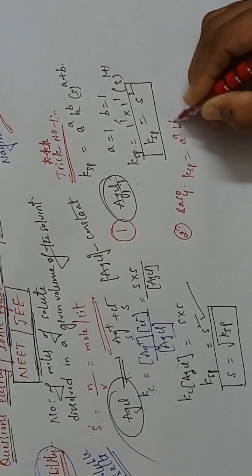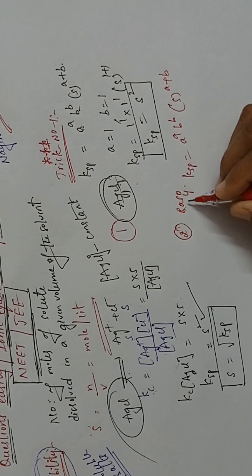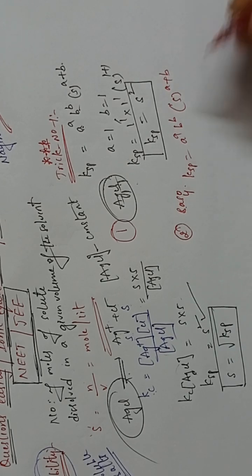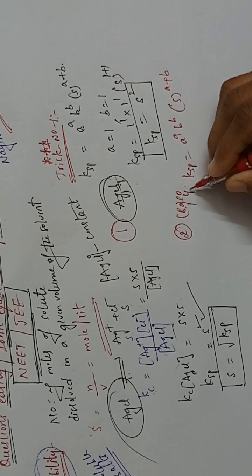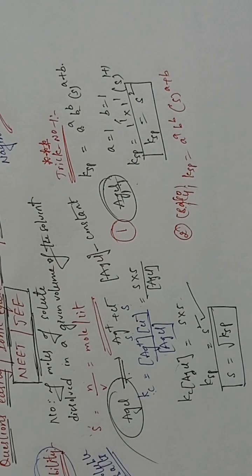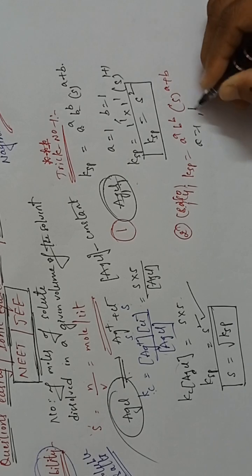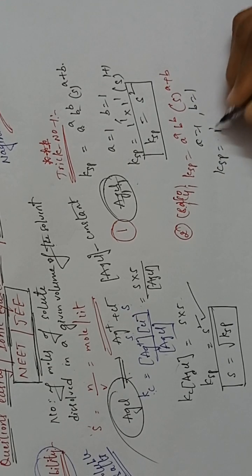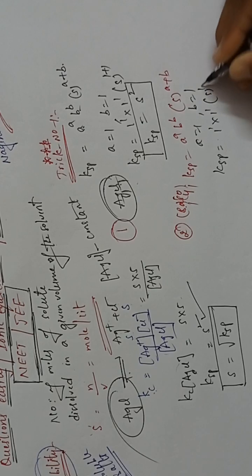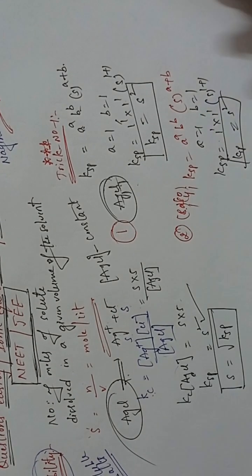A^A into B^B into S to the power of A plus B. Now tell me, how many barium atoms are there? 1 atom only. And how many sulfate SO4 groups are there? 1 group. Are you following? So substituting here, A equals 1, B equals 1. Then the solubility product constant is equal to 1^1 into 1^1 into S to the power of 1 plus 1. You will get the same value. Clear?